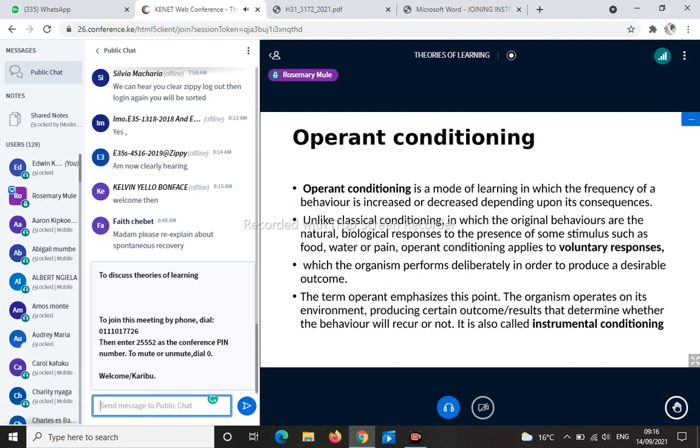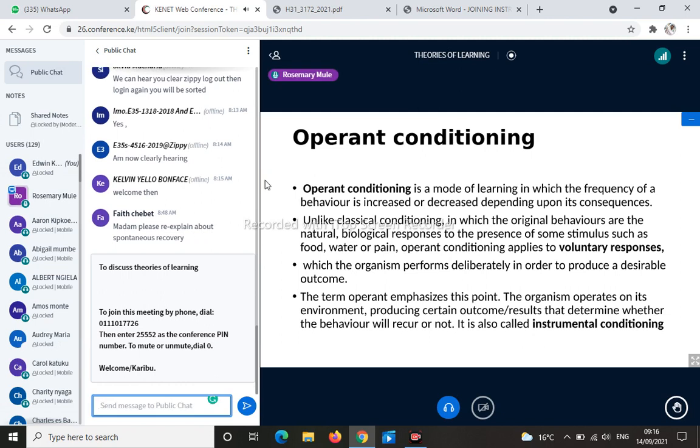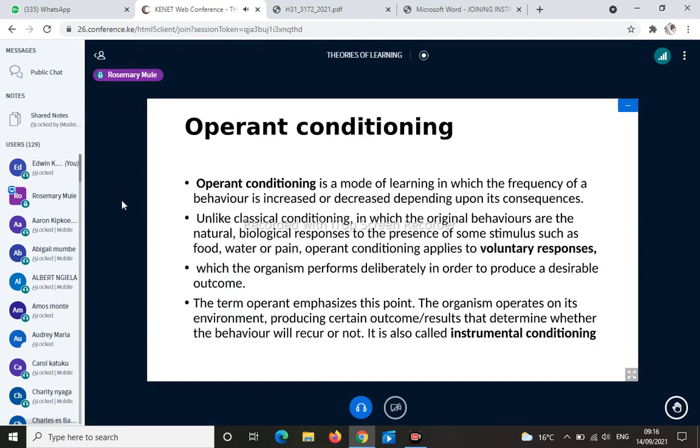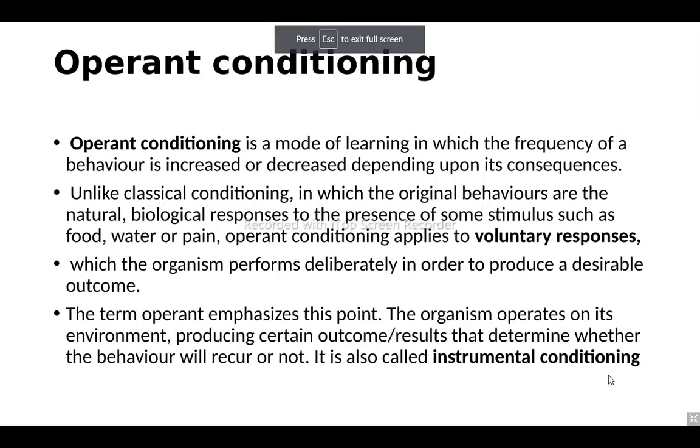Remember we said conditioning theories will depend on where the emphasis of whoever formulated the theory placed their emphasis. So we have looked at Pavlov, and Pavlov placed his emphasis on stimulus response. A particular stimulus is provided. What is the response? And what is the implication of that to us teachers?